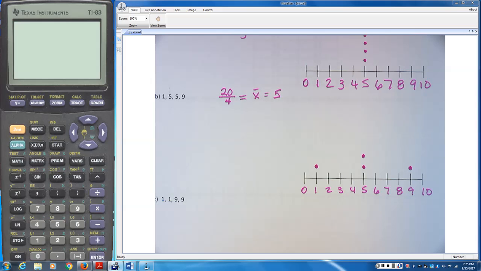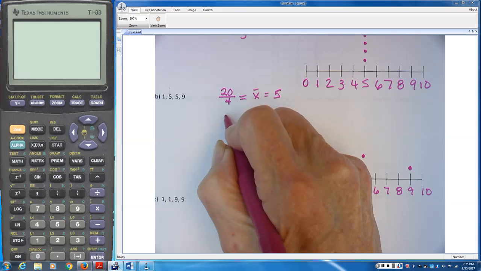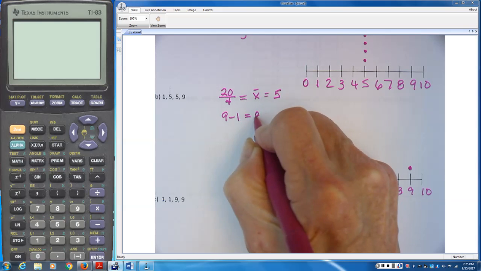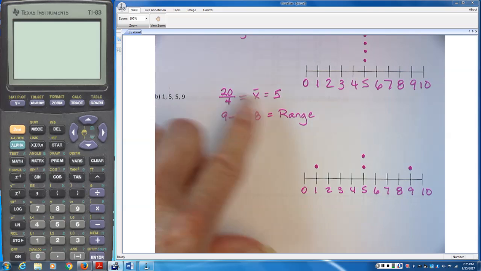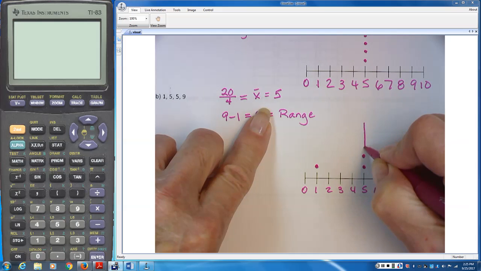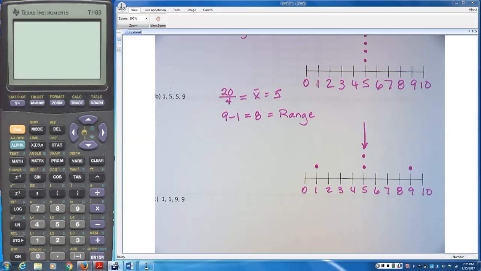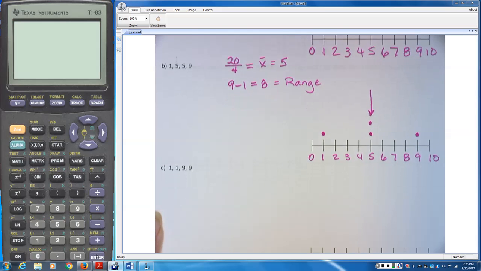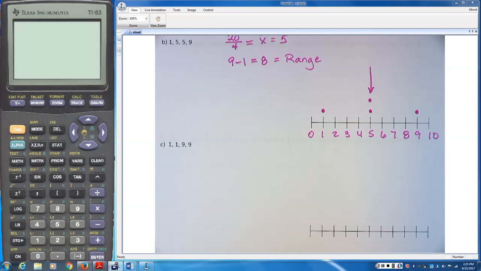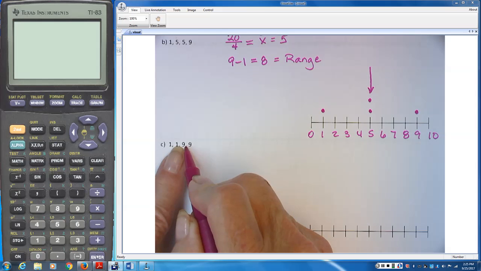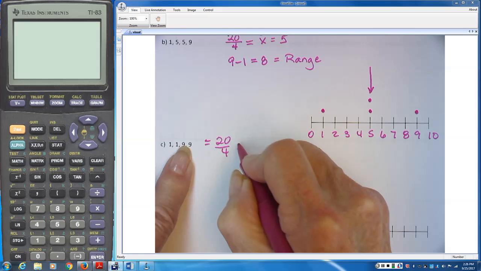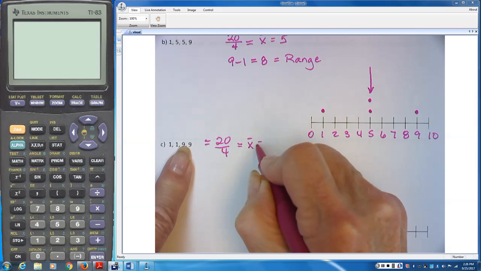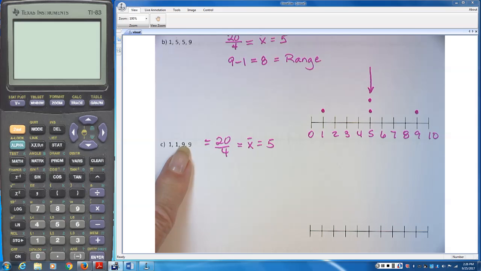What's the range? But the mean was still 5. Now let's look at the ones on the bottom. 1 plus 1 is 2, 2 plus 9 is 11, 11 plus 9 is 20, divided by 4, which is, again, 5, right?